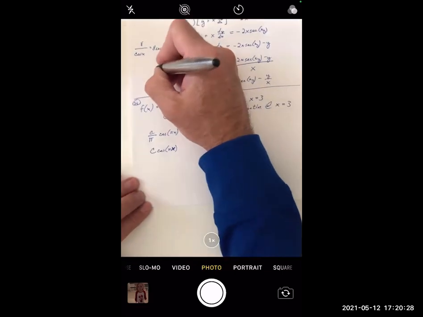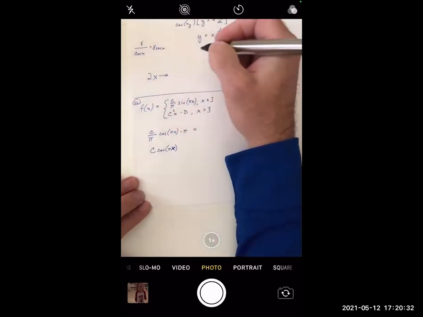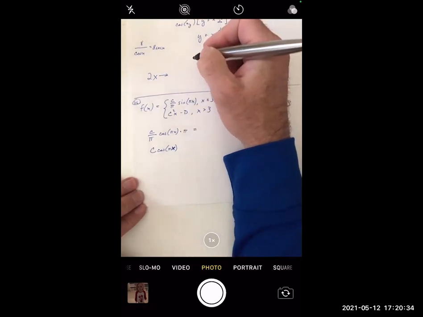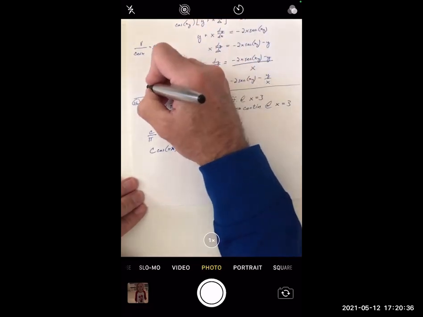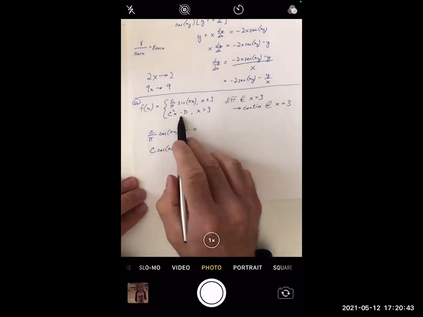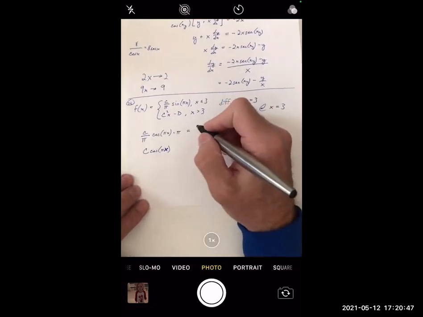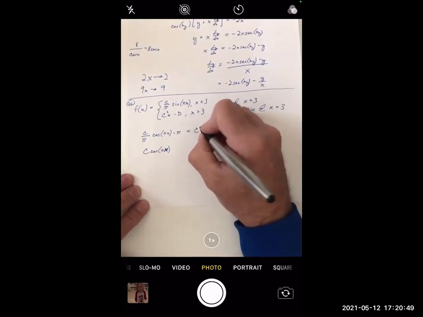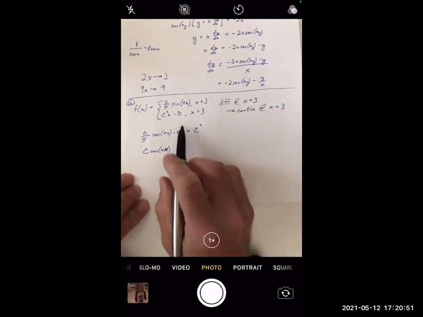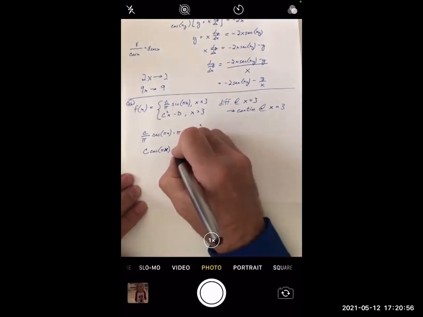If I asked you for the derivative of 2x, what would you tell me? 2. If I asked you for the derivative of 9x, what would you tell me? 9. So the derivative of c squared x isn't going to be any different, it'll just be c squared. And then the derivative of d is just going to go to 0 because it's constant.